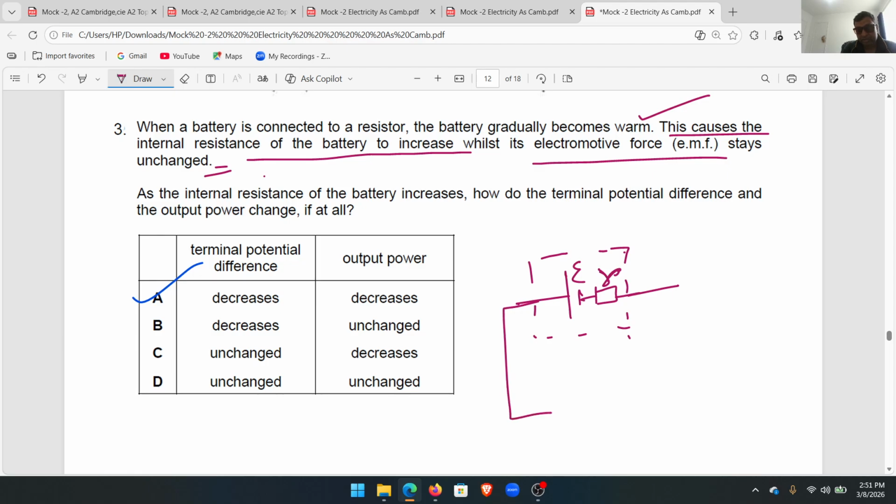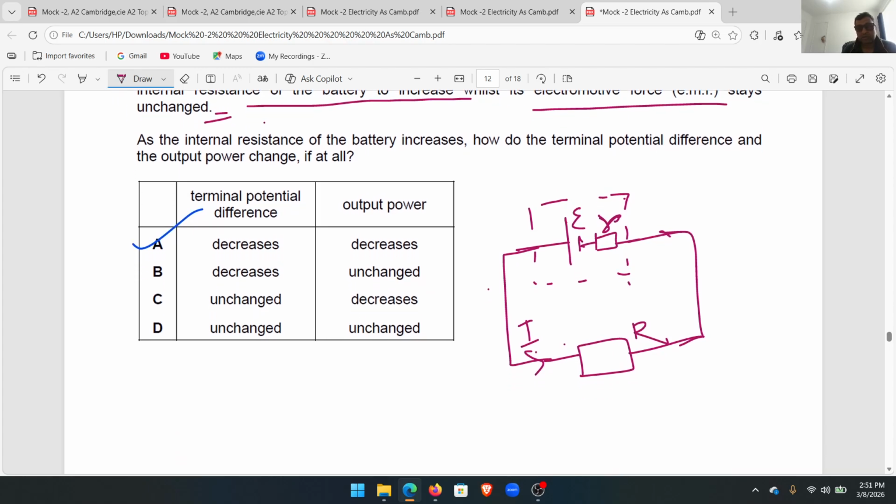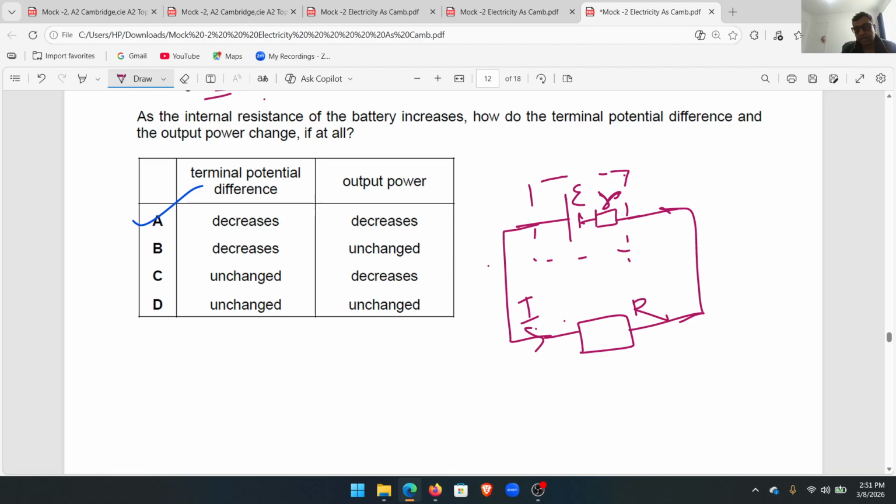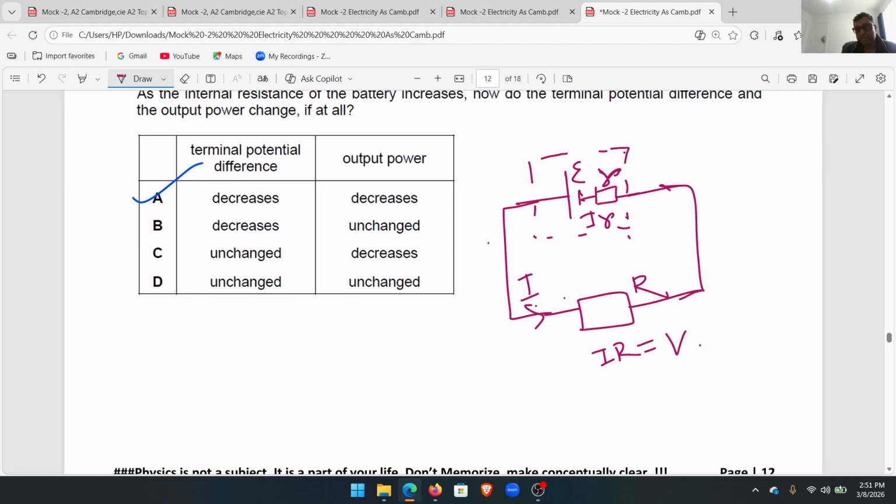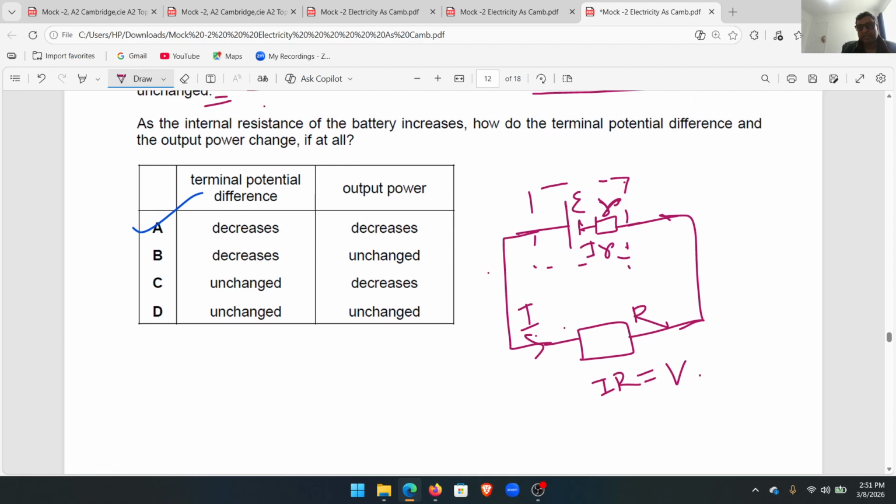Now, if you connect it to a device of resistance R, the total EMF is divided into two. One part becomes IR, another part becomes Ir. Small r is the lost volt and IR is the terminal PD. This voltage is the same as the voltage represented at the terminal. So terminal PD V is always EMF minus Ir.